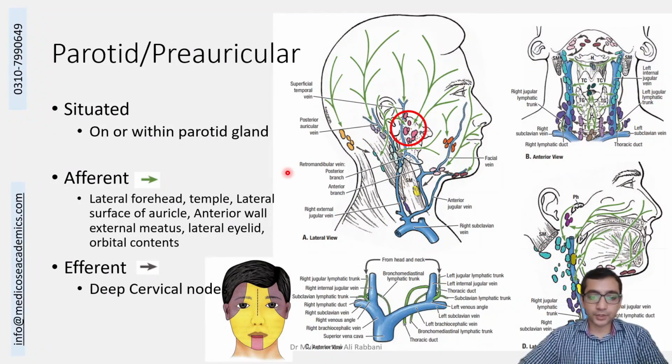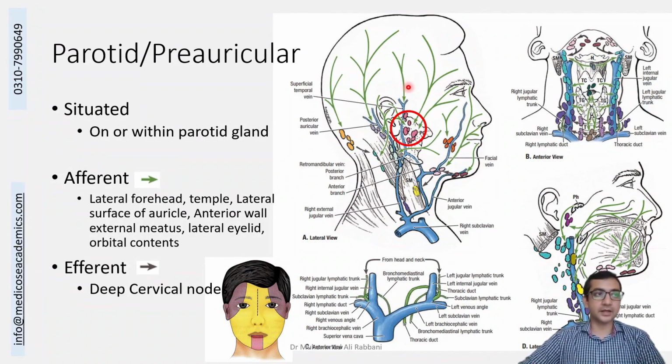Then we come to the parotid preauricular region. Preauricular parotid nodes, as you can see, there are two names. They are present in front of the ear, preauricular, and they may be present on top of the parotid gland. So these are parotid or preauricular nodes, and they receive lymphatics from the ear, from the forehead, from the temple region.